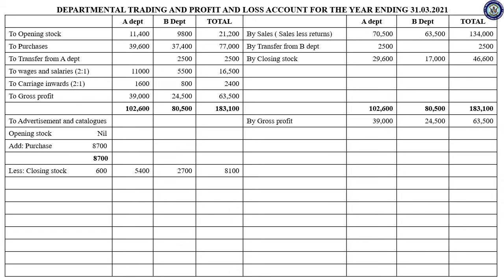Okay, next item, that is dividend. Dividend is also shared in the ratio of 2:1.